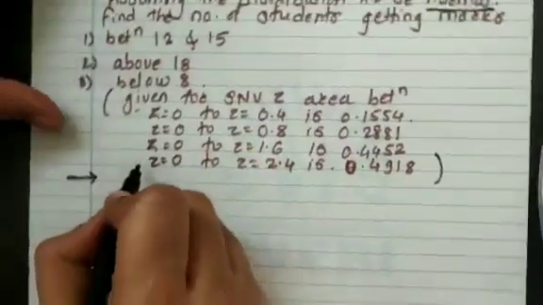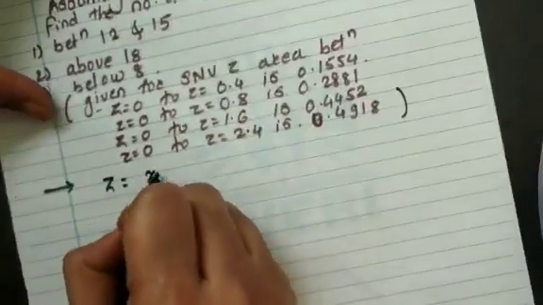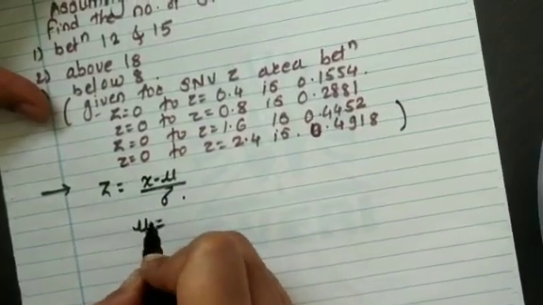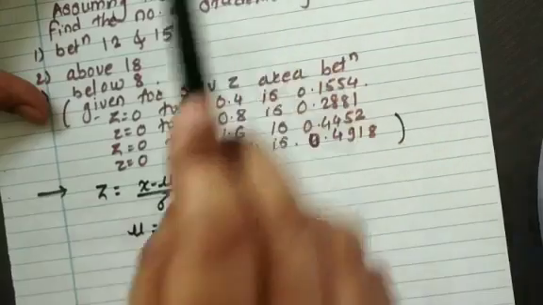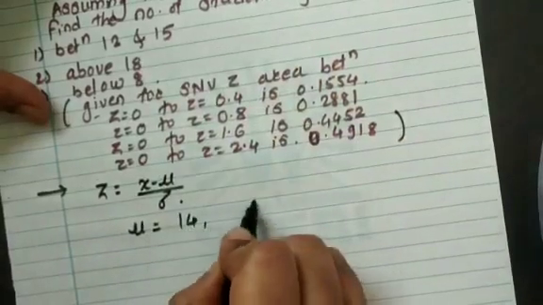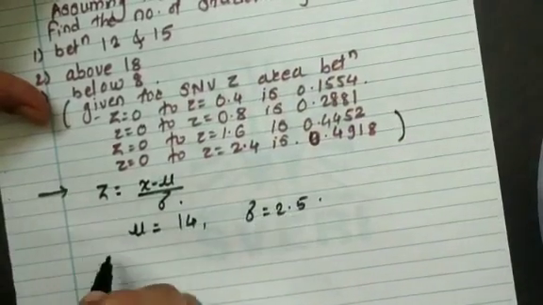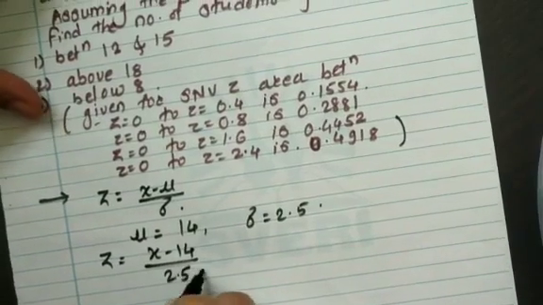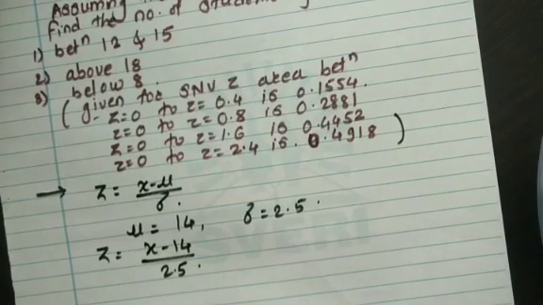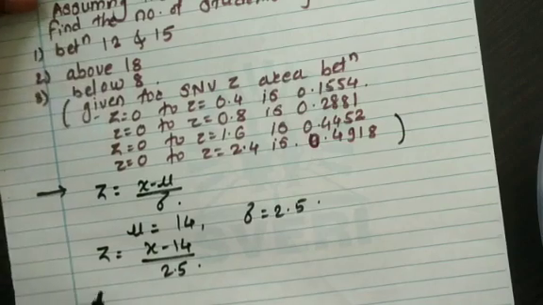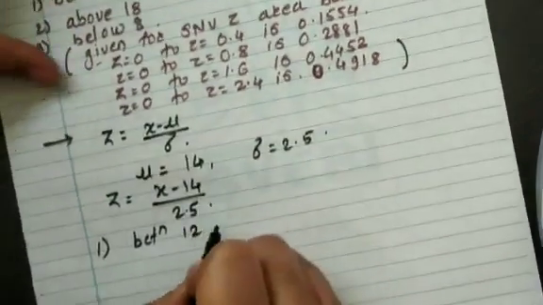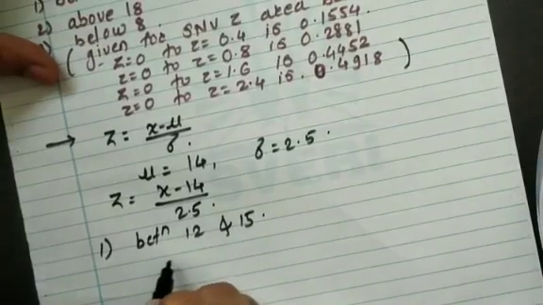Therefore, as it is normal, we'll write z. Z is x minus mu upon sigma, where mu is mean, that is the mean is 14 and sigma is 2.5. Therefore, z is x minus 14 upon 2.5. Okay, next, we'll go to the first question, that is between 12 and 15. So there are 2 values of x.